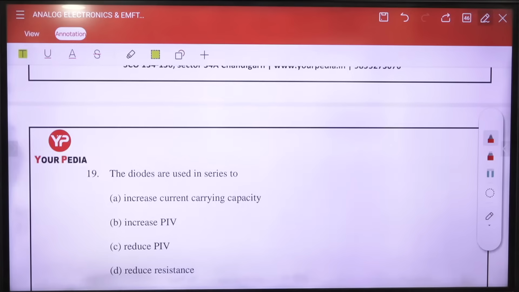Yes, reduce peak inverse voltage, someone is saying that. Anyone else? B, C, C, B, increase.